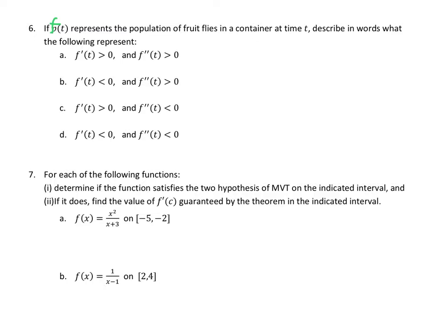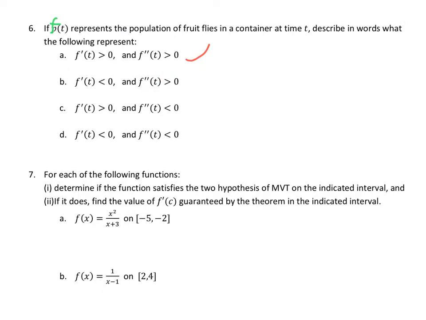We have first derivative is positive, and the second derivative is positive. So that means a little picture can be helpful. We're increasing, concave up. Here we have first derivative is less, so we're decreasing, and we're concave up, all right?